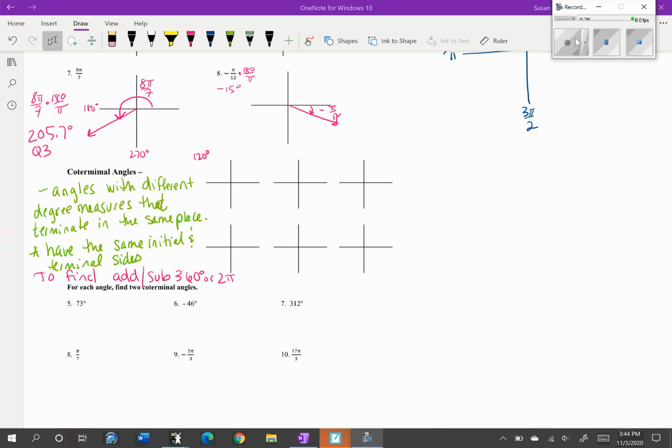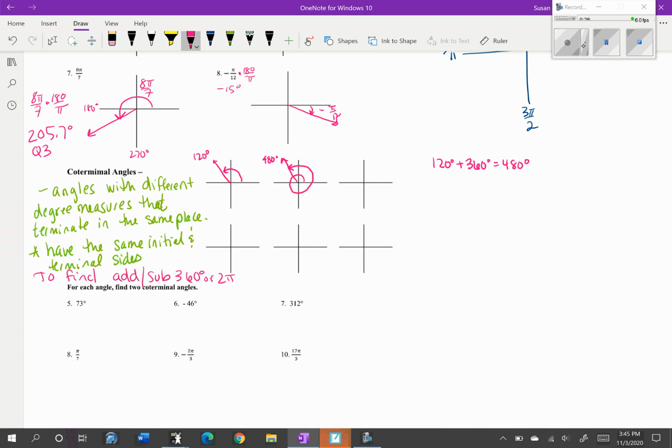So 120 degrees we know is in quadrant 2, about up here. So that's the angle drawn in standard position. If I want a coterminal angle with 120 degrees, I can add 360 degrees to that, which gives me 480 degrees. So if I wanted to draw 480 degrees, I know that the starting side and the ending side are the same. It just means I've gone all the way around my circle, which is 360, plus that 120 degrees gives me the 480 degrees.